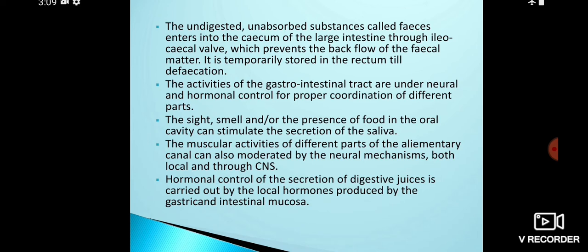So because of the secretion of the saliva, your mouth is going to become watery whenever you see your favorite food items. Okay, so this is with respect to the secretion.